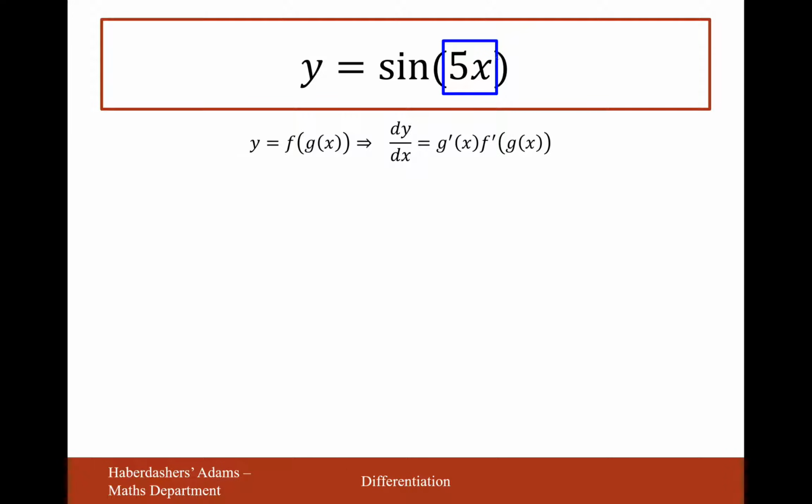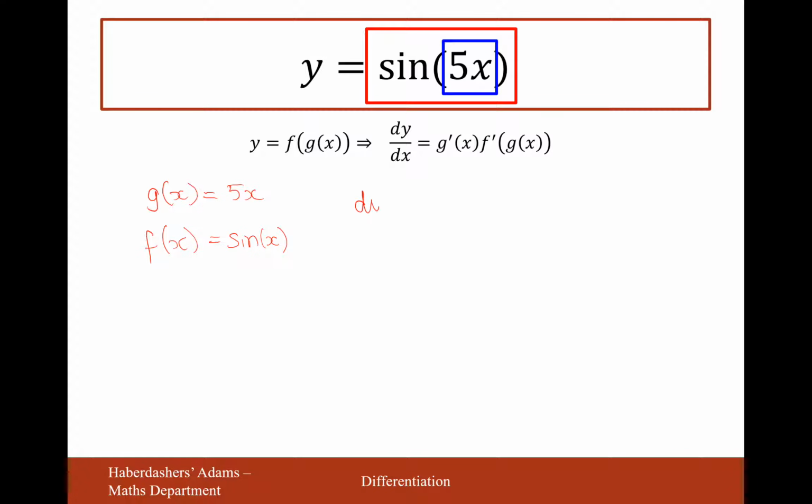And then after that, you sine the answer to that. So we say that sine of x, or the sine function, is the outside function. So we've got the inside function, which is g of x, which is 5x, and we've got the outside function, which is the sine function. And the way we write the sine function is just like that, just sine x.